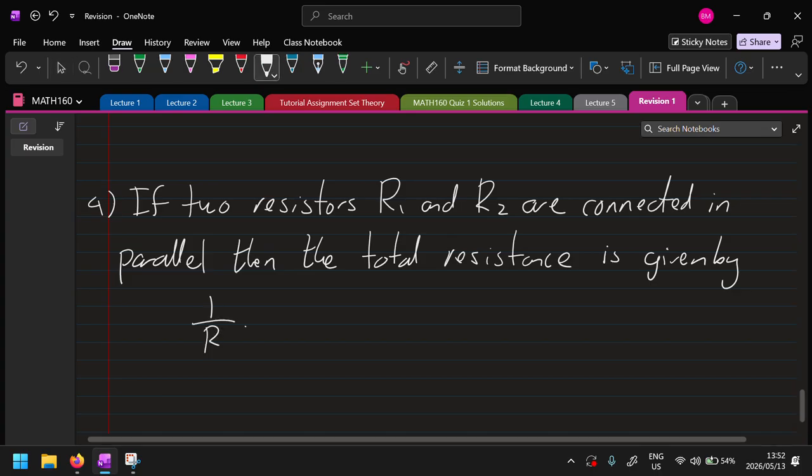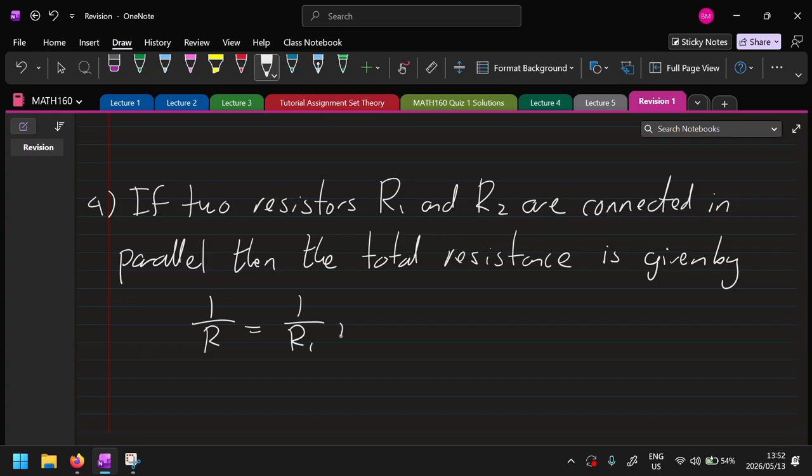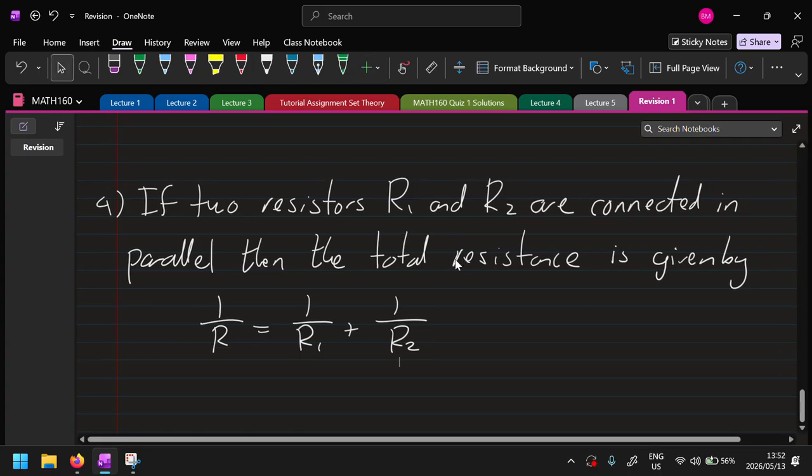So we have 1 over R is 1 over R1 plus 1 over R2. Just a note, you know this from physics, but for the math test, if there's equations like this, I'll give you the equations. Like the quiz we did with that ideal gas. Everyone knows it, but you're given it anyway. Same thing with this.